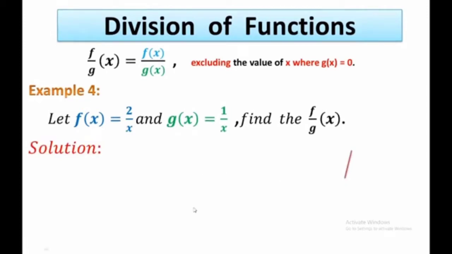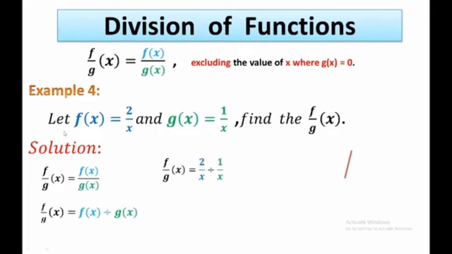For our solution, we have f over g of x equivalent to f of x over g of x, or we can write it as f of x divided by g of x. Now let us substitute the values of our f of x and g of x. The function f of x is equivalent to 2 over x divided by 1 over x. Next, we are going to cross multiply.